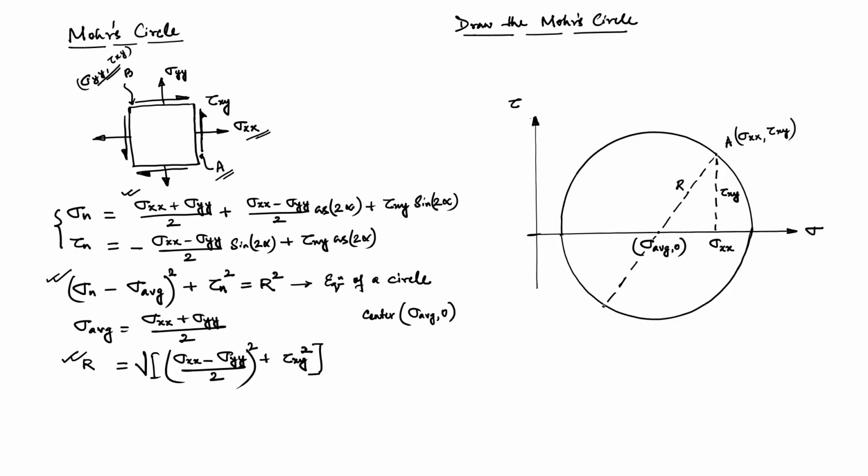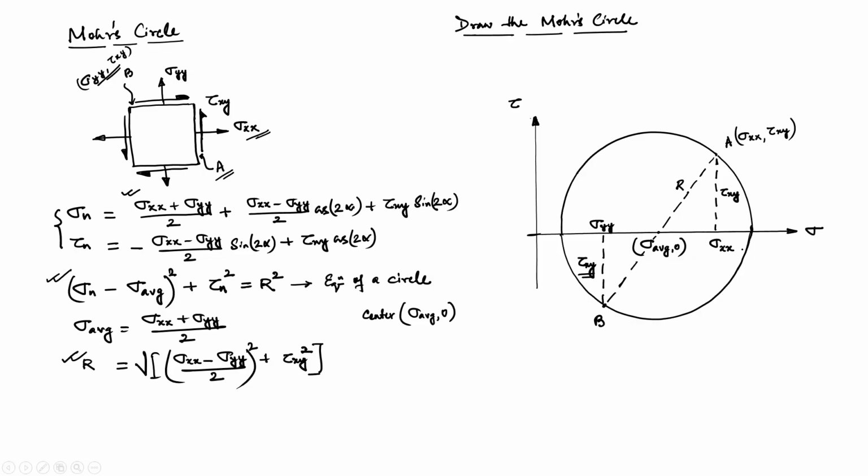So, this is the point B, and if we take the projection, here we have sigma yy and this is the tau xy. Now, why do we draw this tau xy along the negative tau axis? Just look at the orientation and you can easily identify the reason.